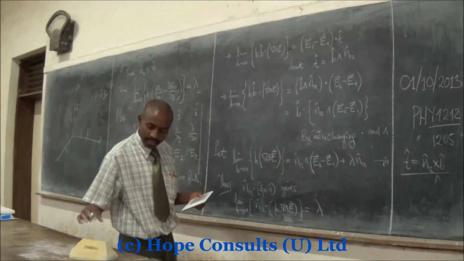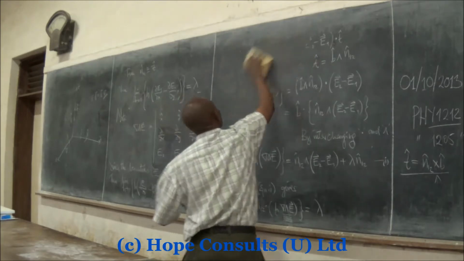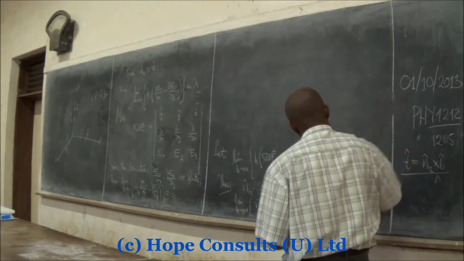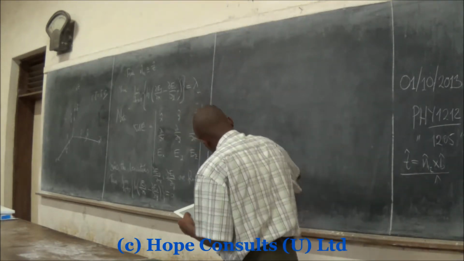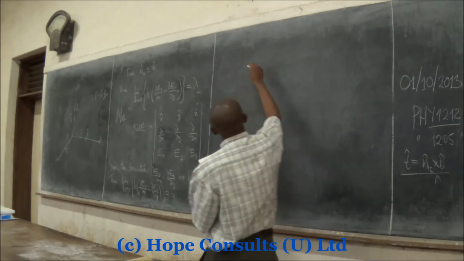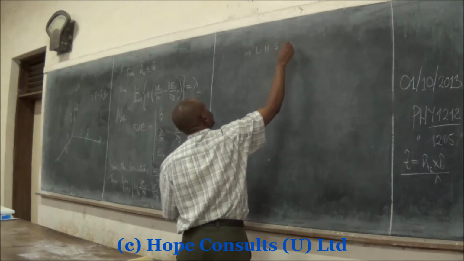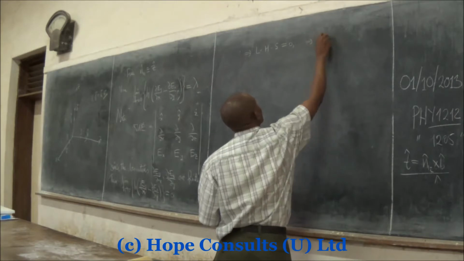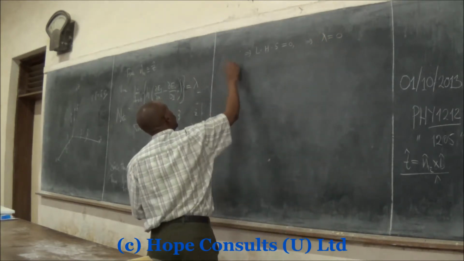So that gives us the left-hand side being equal to 0. If the left-hand side is equal to 0 and the right-hand side is lambda, it means our lambda is equal to 0.